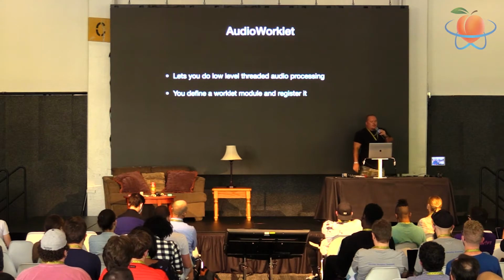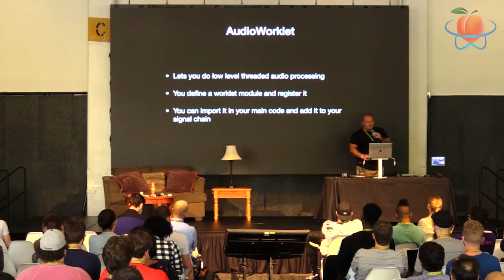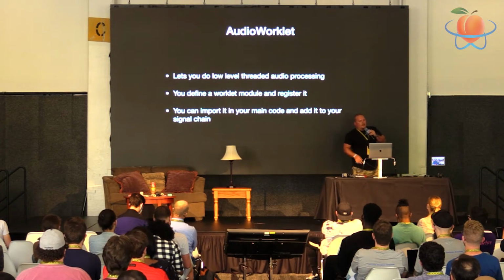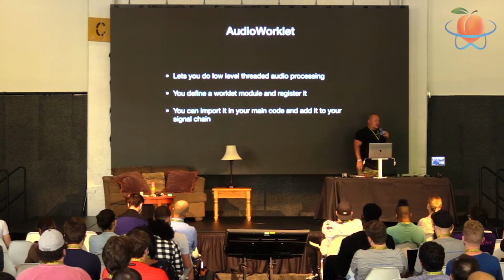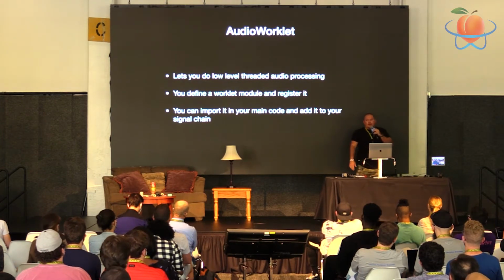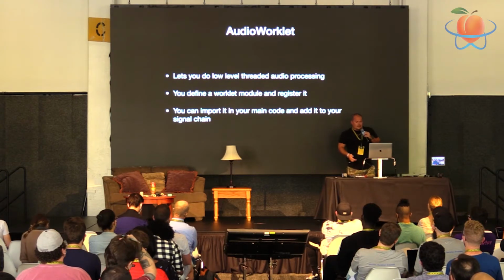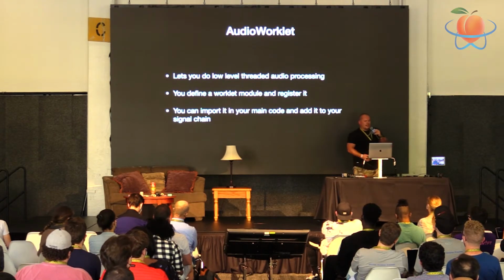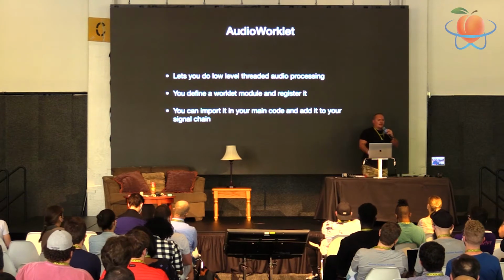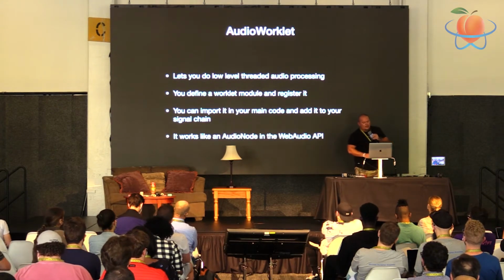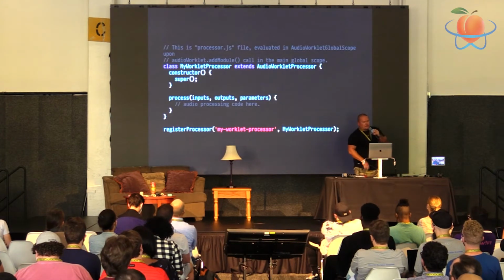The way that it works is you define a worklet module, and then you register it, and then you can import it and add it. You're still using web audio, but the same way I created an oscillator and added that, you can import your custom thing and add that, hook it up to the chain. So this is what it looks like.